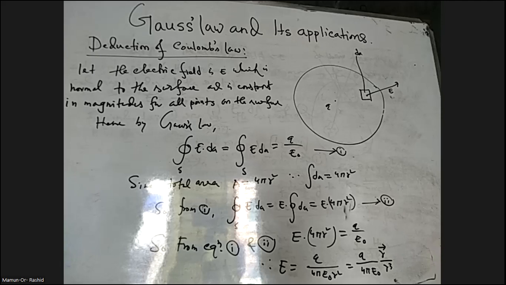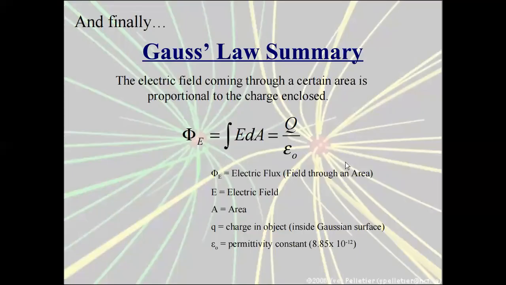I hope everybody will enjoy this class. Thanks to everybody. Finally, we have discussed Gauss law. Actually, Gauss law indicates the electric field coming through a certain area is proportional to the charge enclosed. And this is the summary of this class.